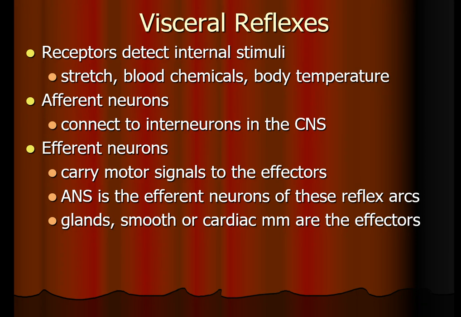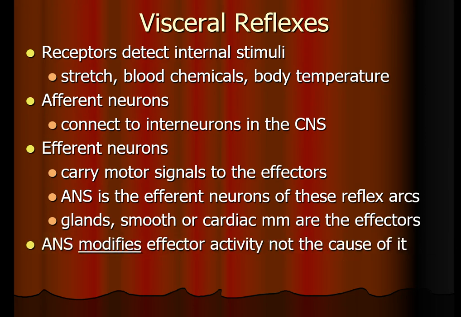That's how somebody can be brain dead. Their brain waves are totally gone, but their heart's still beating because the heart's telling it to beat. Does that make sense? So the autonomic nervous system modifies the effector activities, not generally the cause of it, because smooth muscle will also generate its own action potentials. So you could reach in and pull the heart out of a chicken and it'll beat in your hand for a little bit, that type of thing. So that's your homework.